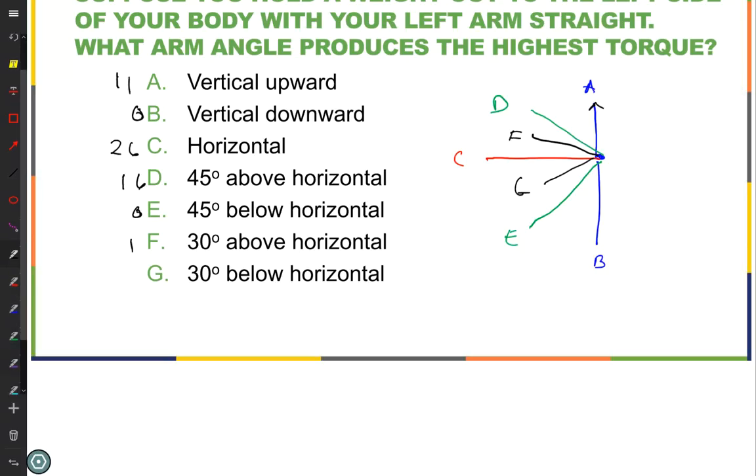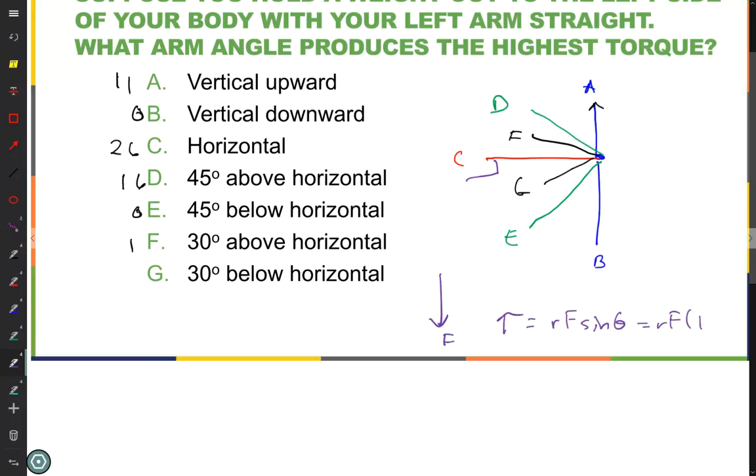And so I need to take the angle between this direction and the arm's direction. So to get 90 degrees, C is the one that's going to be a right angle. And so that means C is the one where torque is equal to RF sine theta equals RF times 1. So that's going to be the biggest one.